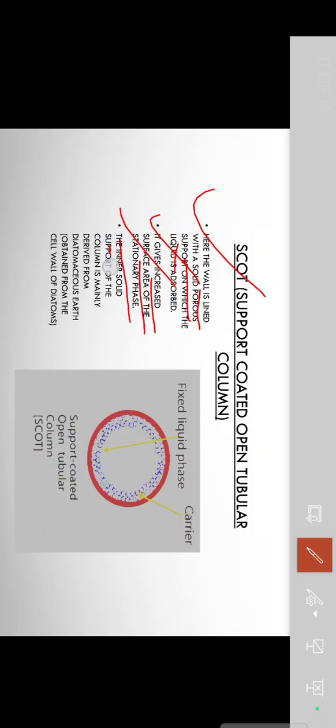The inner solid support of the column is mainly derived from diatomaceous earth, obtained from the cell wall of diatoms, right? That is called support coated open tubular columns.